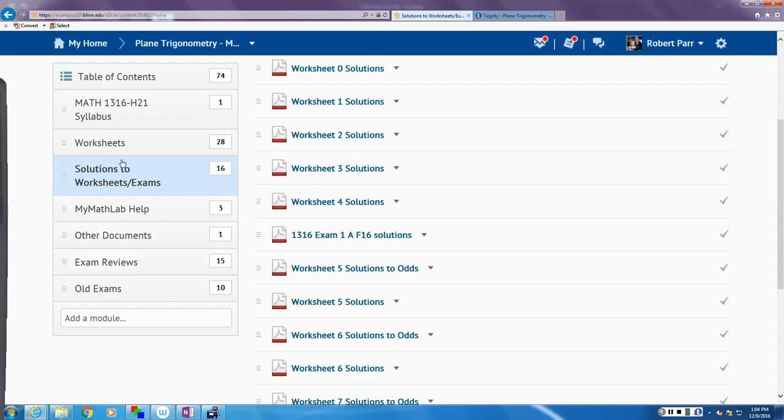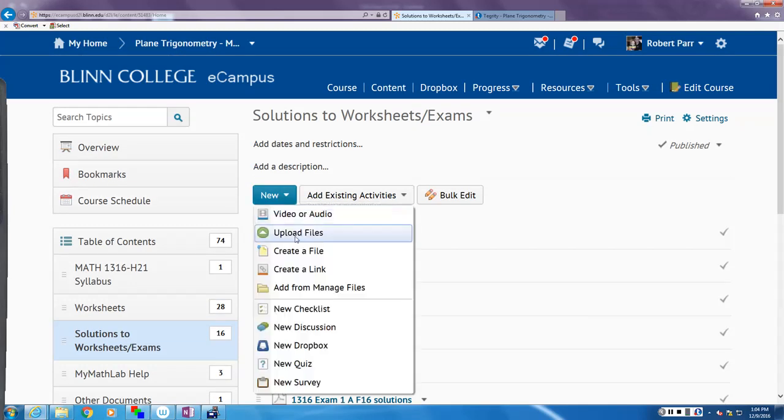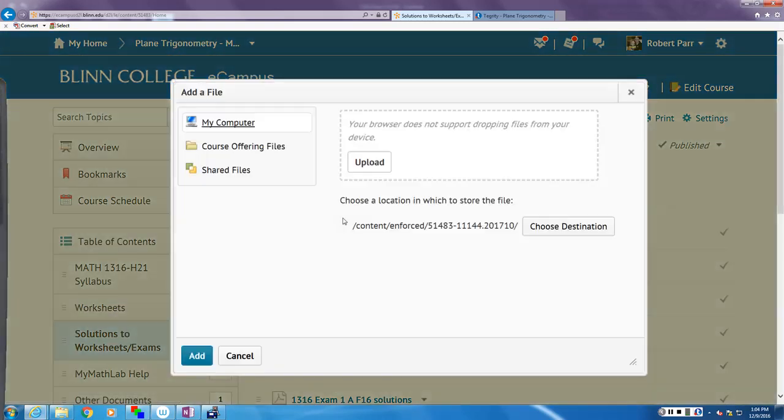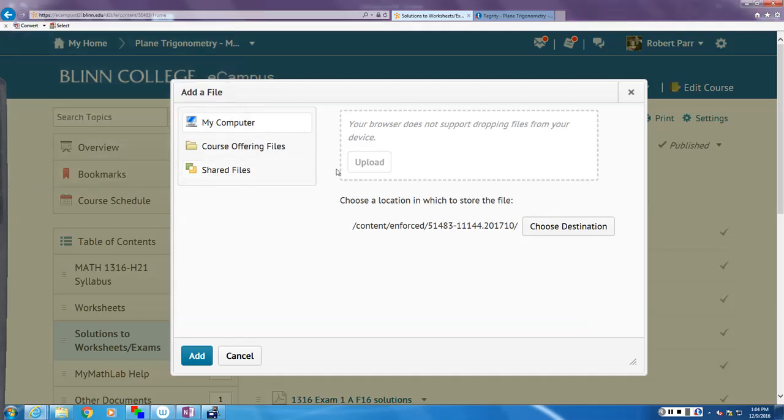Just blank copies of the exams that we took this semester. Exam 1. Philip might need a few of those, but I think I'm good. It won't let me do multiple of them.